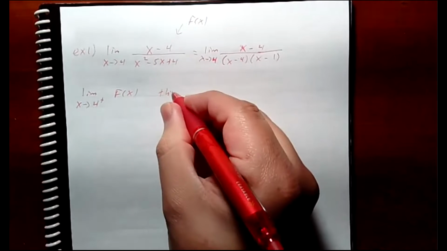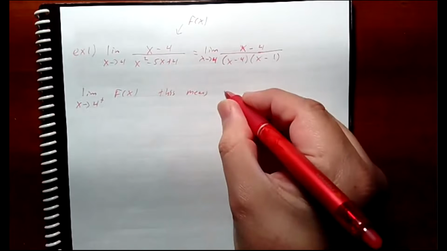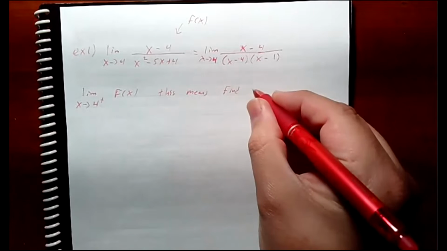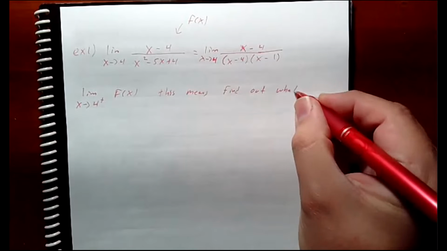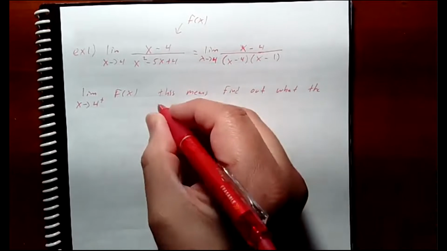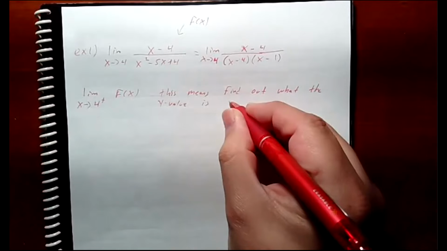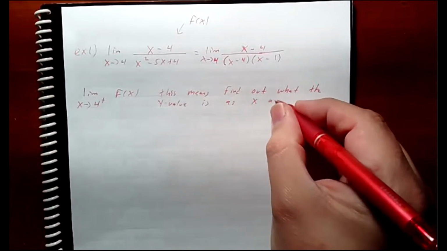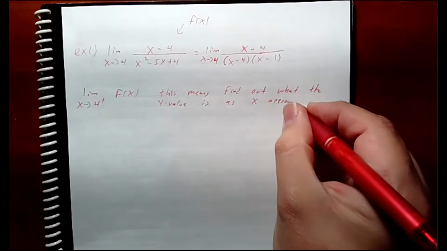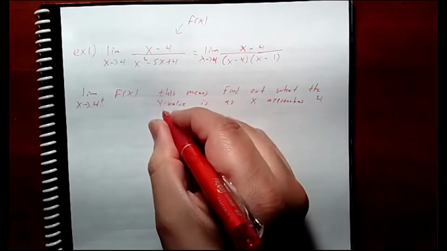This means find out what the y value is as x approaches 4 from the right.